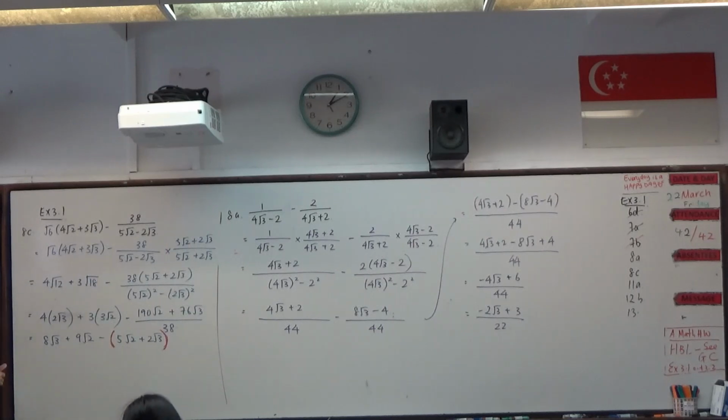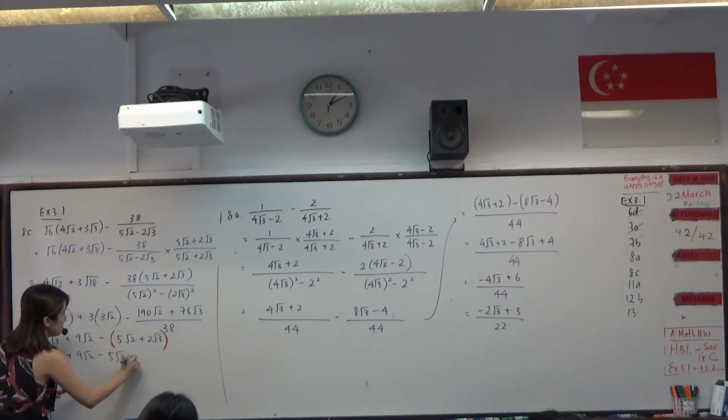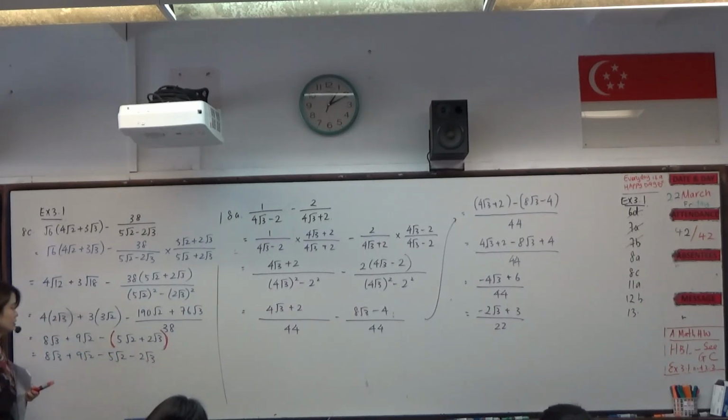So we will get 8 root 3 plus 9 root 2 minus 5 root 2 minus 2 root 3. Right, and then it simplifies to 14 root 3 plus 4 root 2.